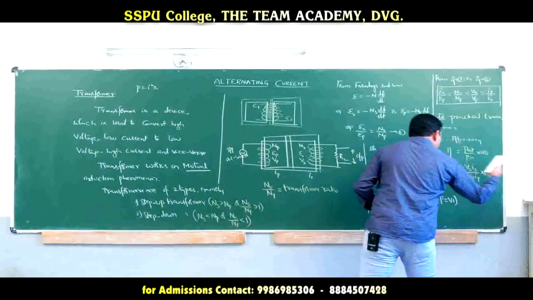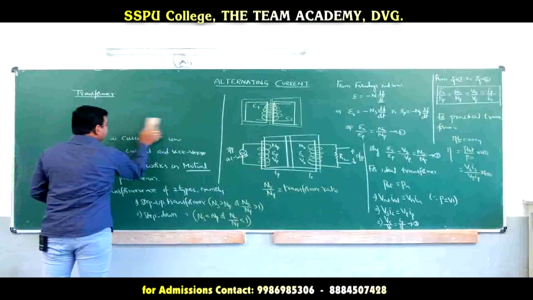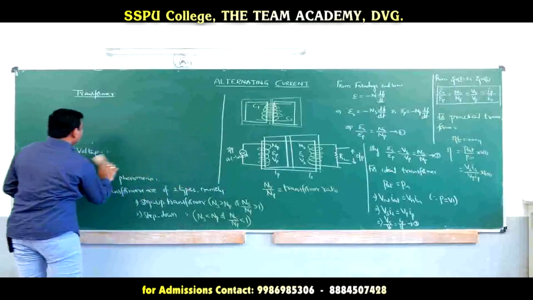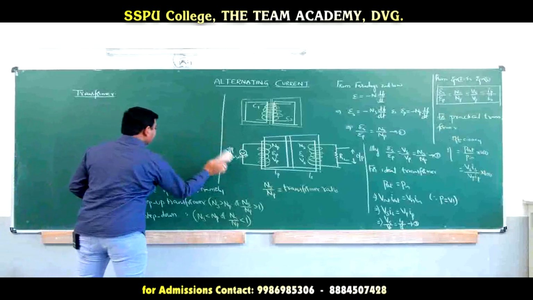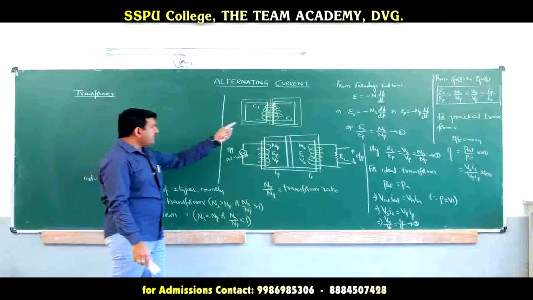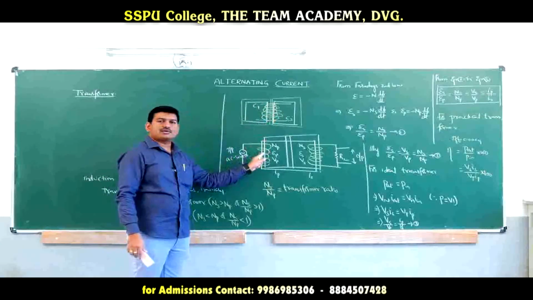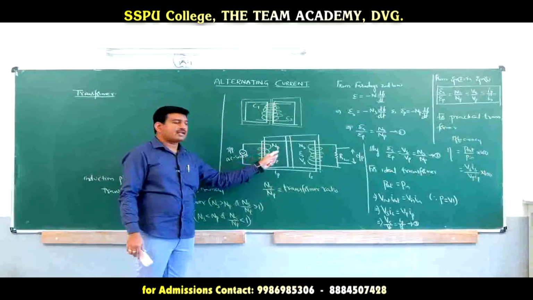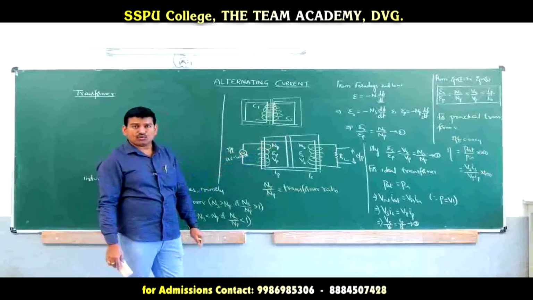First, the efficiency of the transformer will be affected by the flux leakage. If you see here, in this figure and in this figure, what is the difference? In this figure, the two coils are winded one over the other. In this case, the two coils are not winded on the same arm, but on two different arms of the core material.